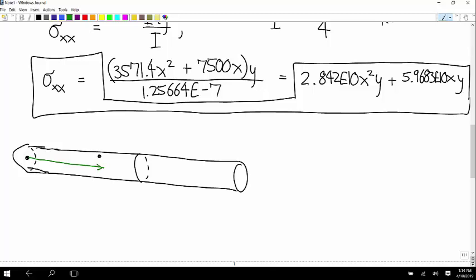That point has this x value and this y value. Plug that x and y into this expression and it'll give you the stress.